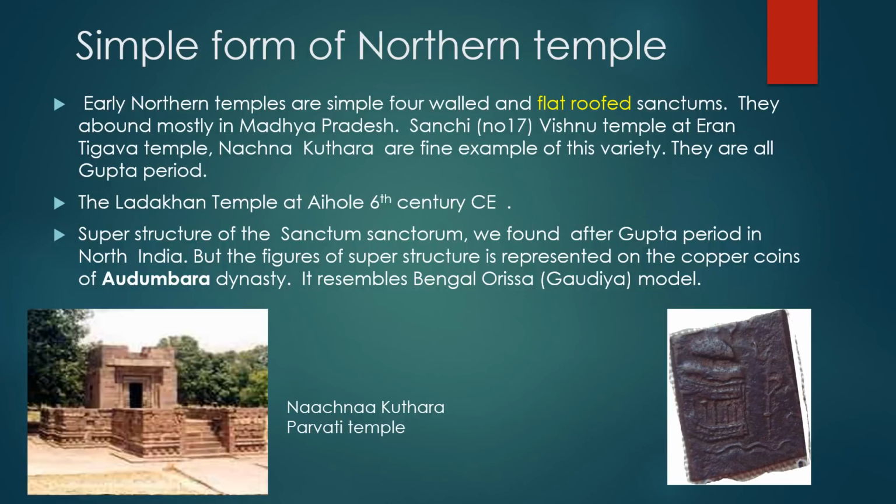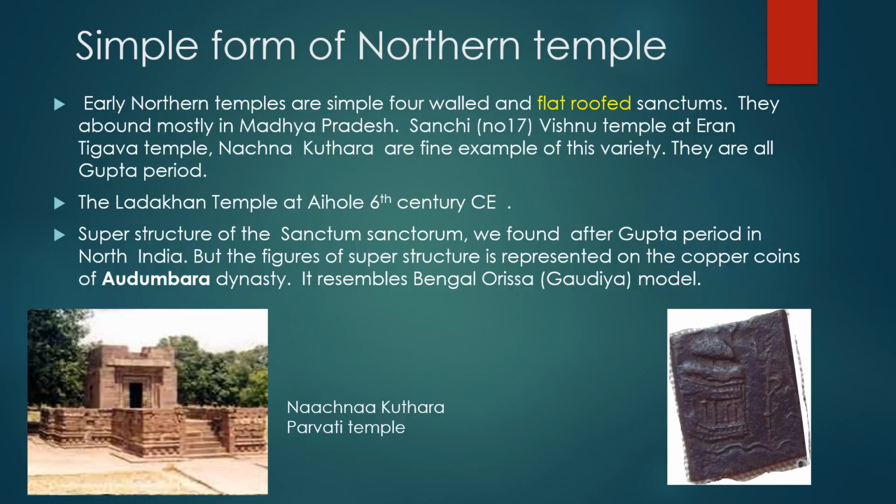Mostly in the Gupta period, we have this kind of flat roof without any superstructure above the Garbhagriha. Sanchi number 17, the Vishnu temple at Eran, then the Deogarh temple, then Nachna Kuthara are fine examples of this variety. They are all from the Gupta period. They were all constructed during the time of the Guptas.